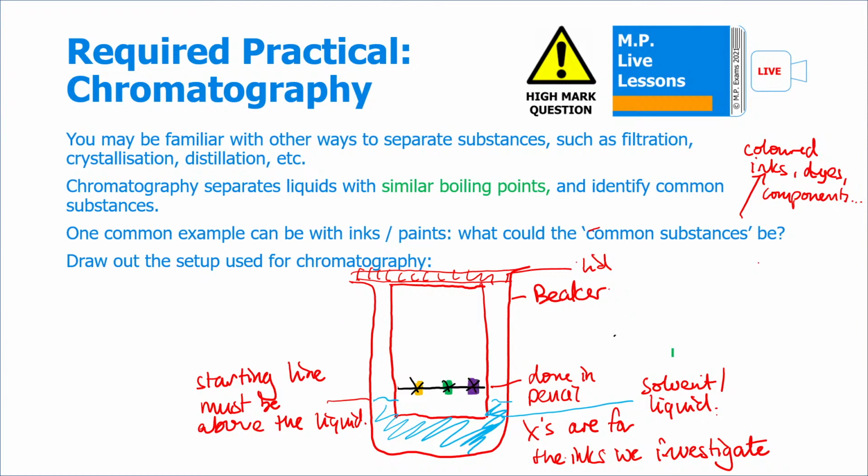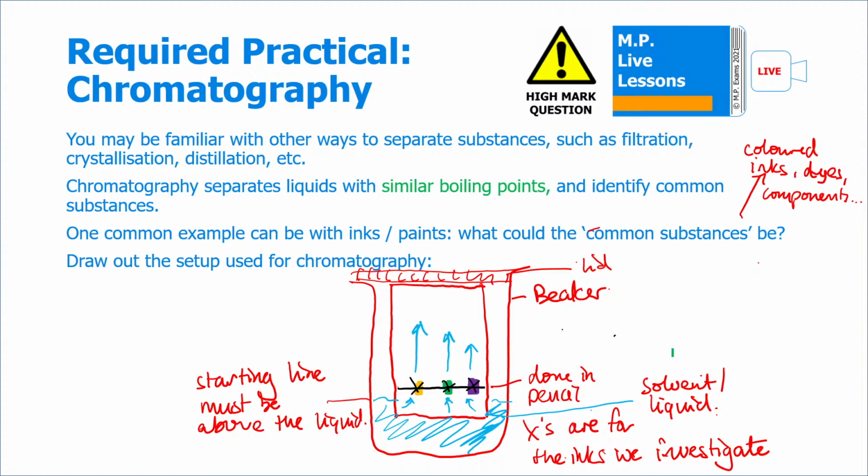Now what happens is, after we've put these inks on, these will travel some distance up the paper, because solvent goes onto the paper first, and then it carries these inks up some distance. And what happens is, if there are a mixture of inks inside the sample, these will then get separated along the way. So each component or ink in the mixture will travel a different distance.